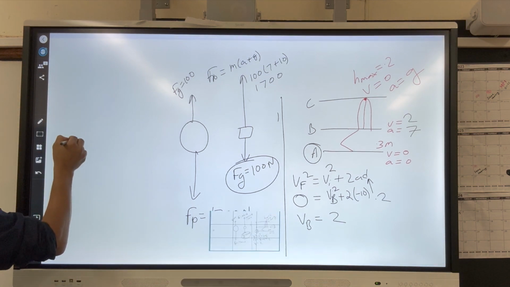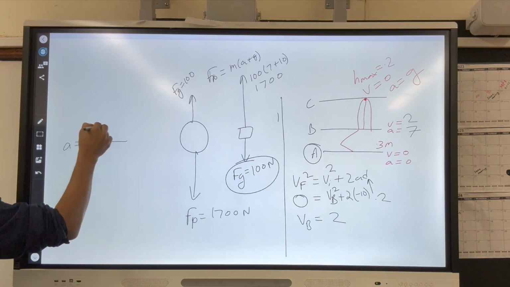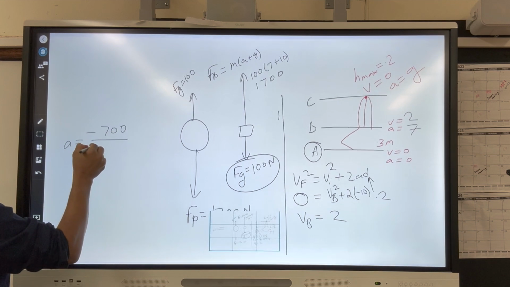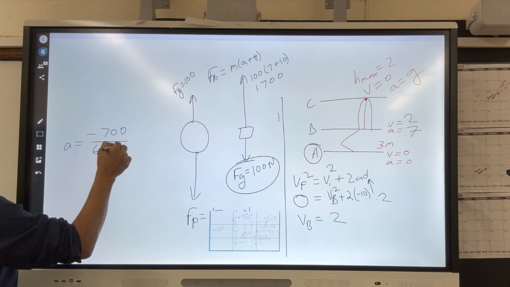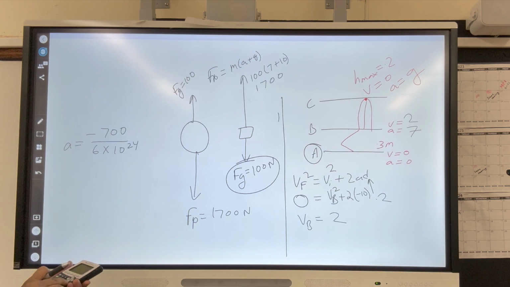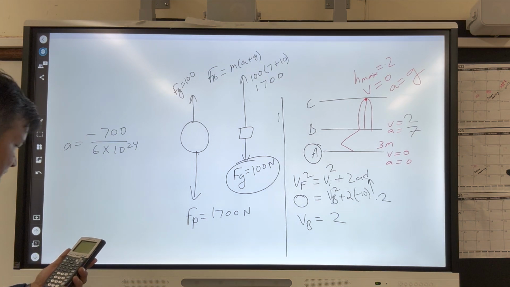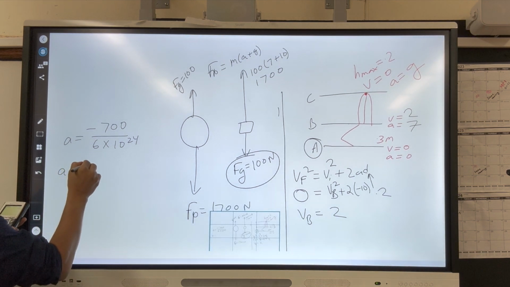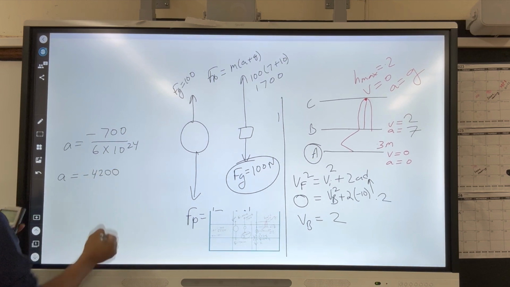Acceleration comes from net force. Net force is negative 700. And the mass of the earth is 6 times 10 raised to 24. If I put it in the calculator, 700 divided by 6, I get negative 42000.